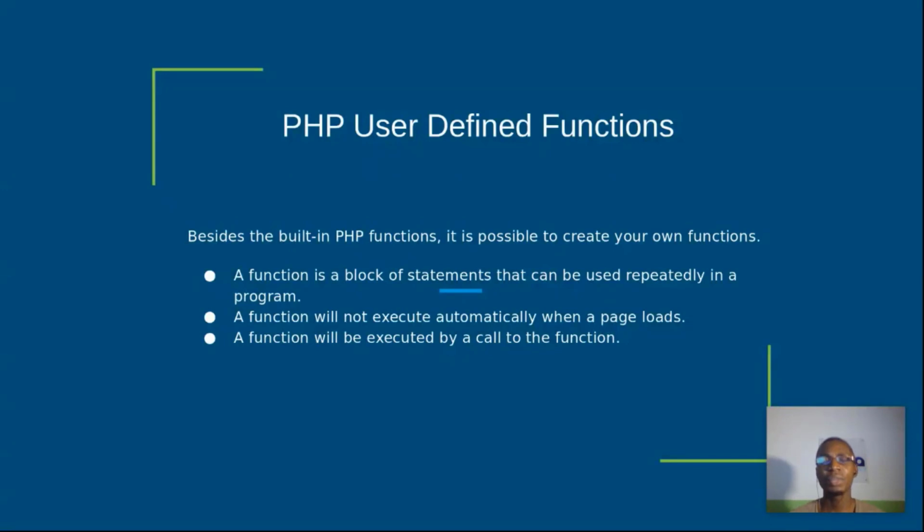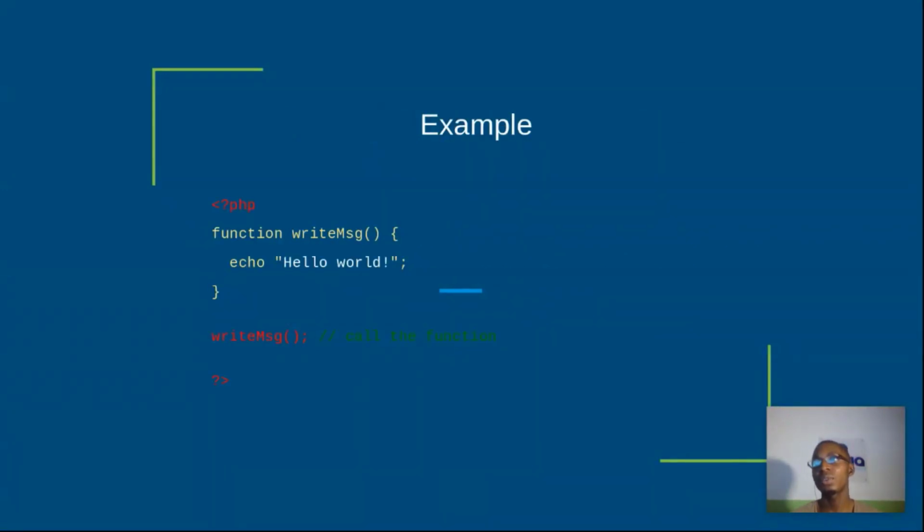That is some brief of functions, and I'll give you an example of a function here. You have function writeMessage, and I put echo hello world, maybe function greet, then hi name, right? This is how a function is declared in PHP, right? Now you will want to actually take note of this syntax, right?